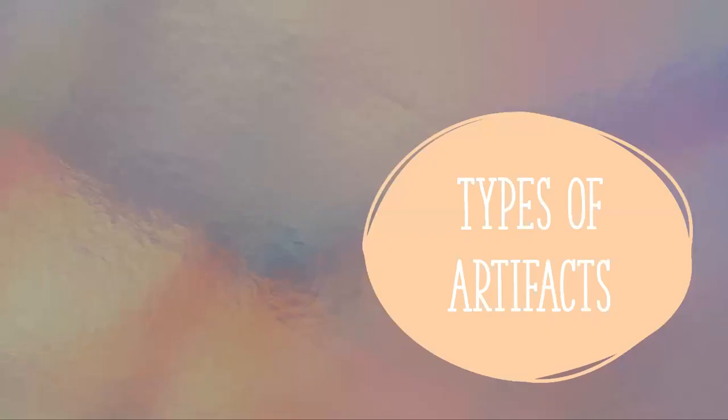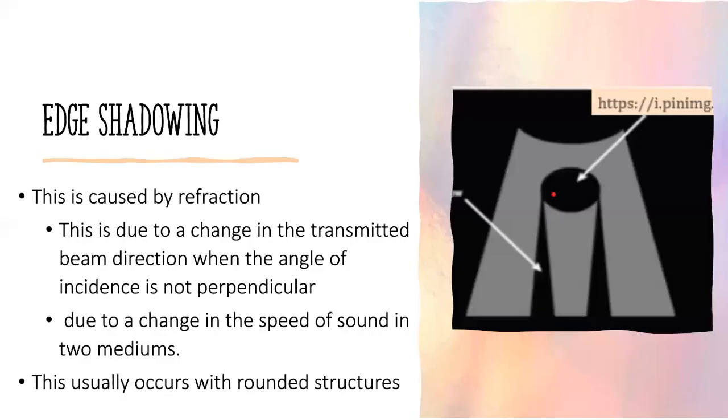Let's have a closer look at the various types of artifacts that will affect our image in breast ultrasound specifically. The first one we're going to look at is edge shadowing. This is a refraction artifact and is due to the change in the beam direction from the transmitted beam when it hits a target or a lesion, but not at a perpendicular angle.